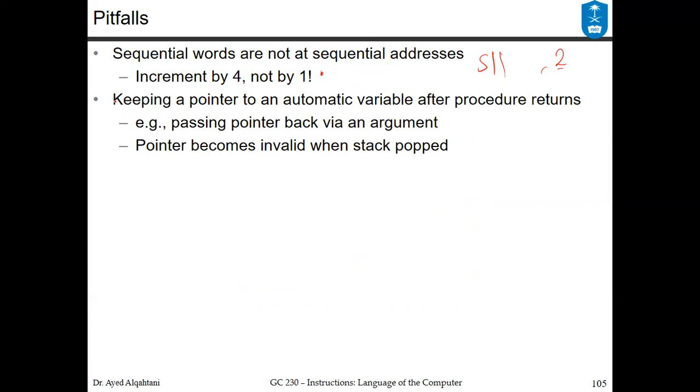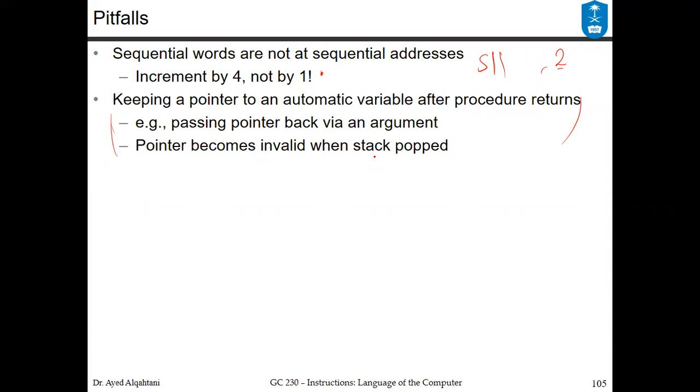Also, this is related to the pointer, and we saw the advantage of pointer. Keeping a pointer to an automatic variable after procedure return is a pitfall. Be careful of this. For example, passing a pointer back via an argument. What happens? The pointers become invalid when the stack is popped.